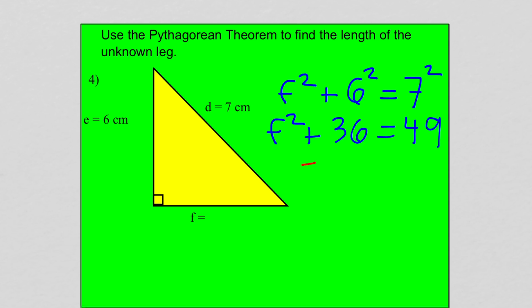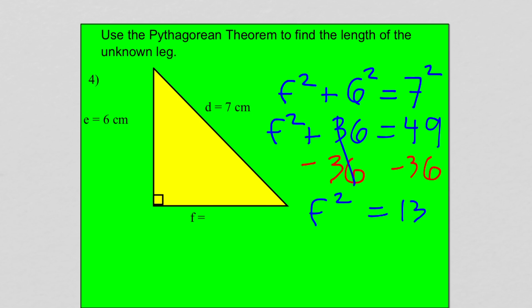The way we can do that is to subtract 36 from that side of the equal sign. And if we subtract 36 from this side of the equal sign, we have to do the same thing over here to keep balance in the equation. So we have to subtract 36 from 49. When I work that out, I get f squared on that side of the equal sign, because the positive 36 and negative 36 go away, equals 13.